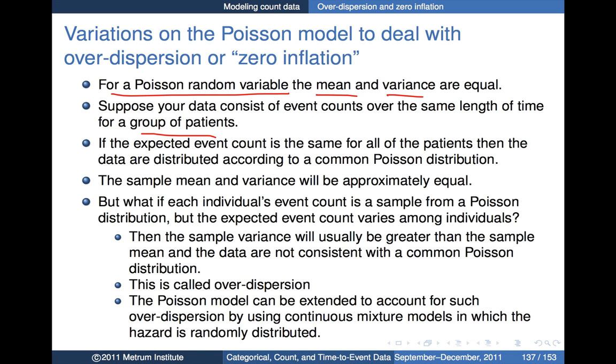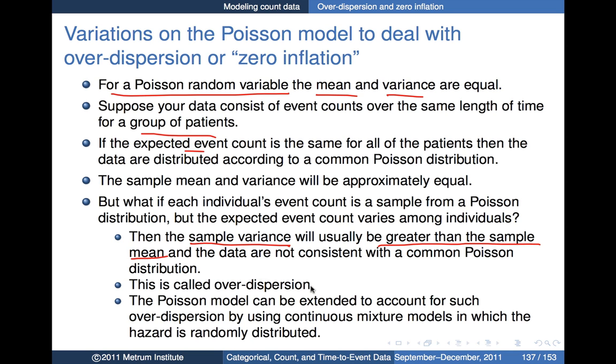But what if each individual's event count is a sample from a Poisson distribution, but the expected event count varies among the individuals? Well, in general, then, the sample variance will be greater than the sample mean, and the data are not consistent with a common Poisson distribution.